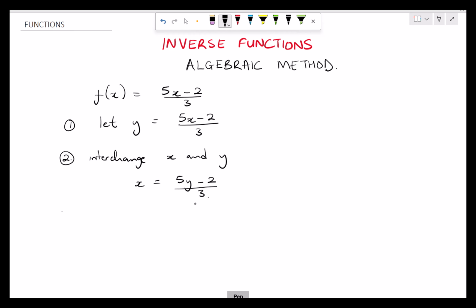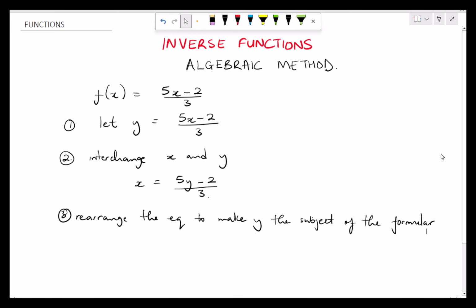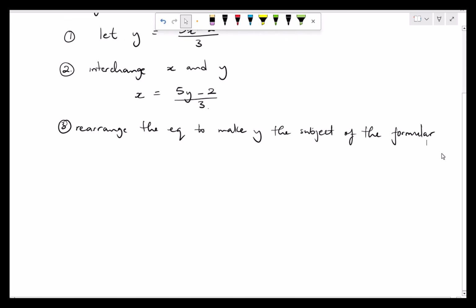And then step number 3, you rearrange the equation to make y the subject of the formula. That means we're going to have 3x is equal to 5y minus 2. You take 2 to the other side, that's 3x plus 2 is equal to 5y. So our y would be (3x plus 2) all over 5.